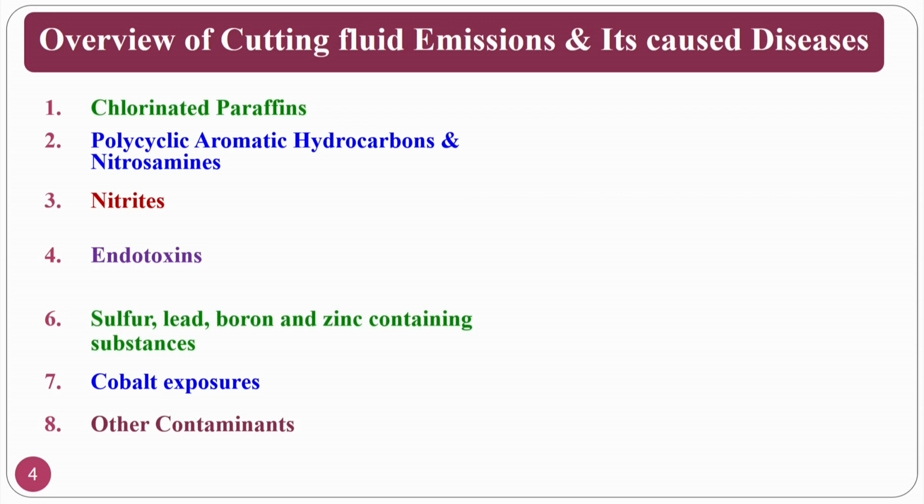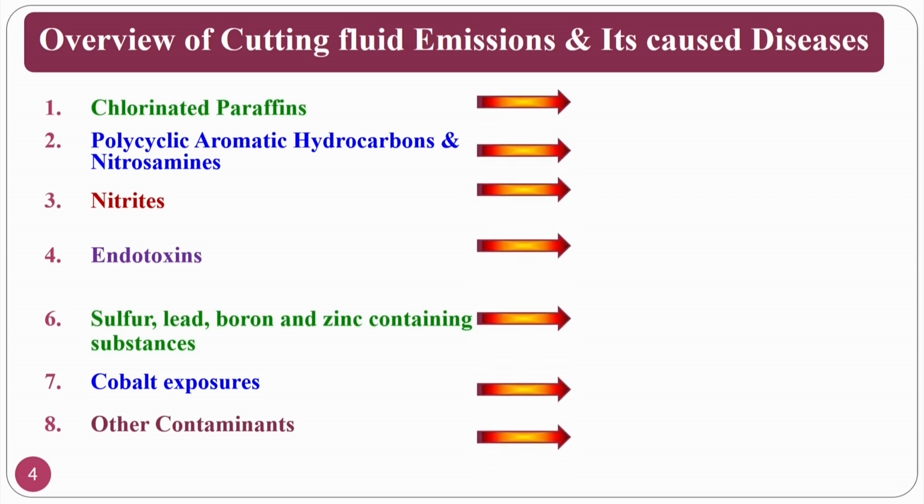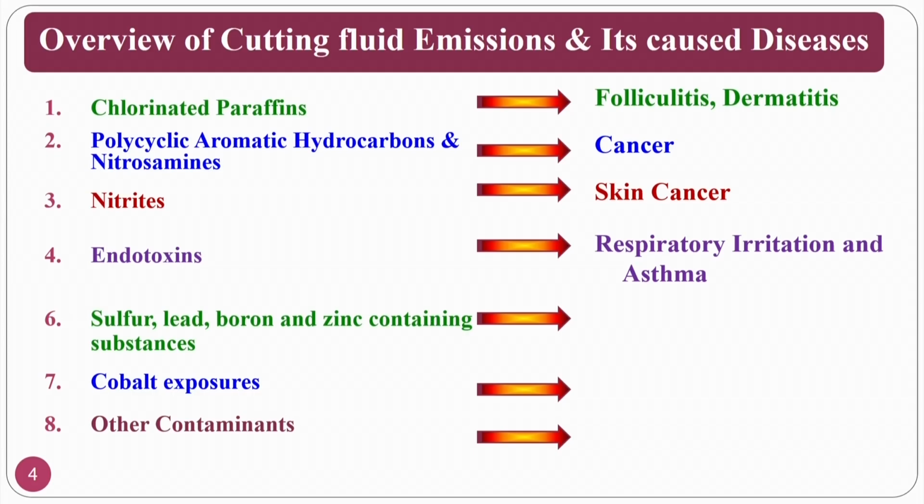Okay. So, what are the consequences? The consequences are the diseases that it causes. Chlorinated paraffins cause folliculitis and dermatitis. Polyaromatic hydrocarbons and nitrosamines cause cancer, nitrites cause skin cancer, endotoxins cause respiratory irritation and asthma, which is one of the highest among the workforce, and sulfur, lead, boron, zinc containing substances cause hypersensitivity and pneumatics.